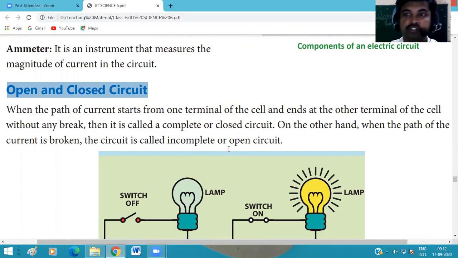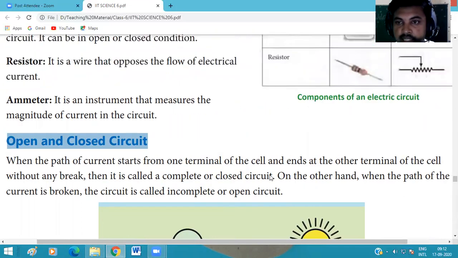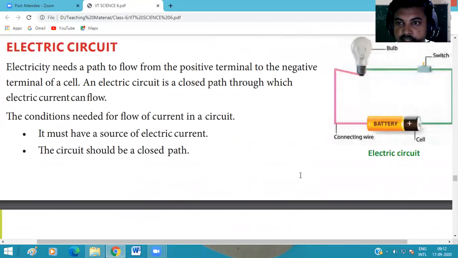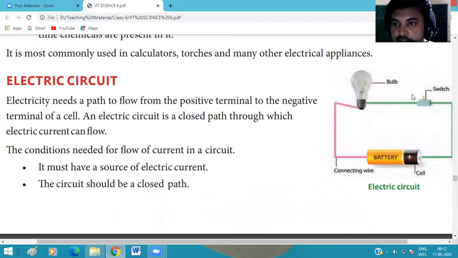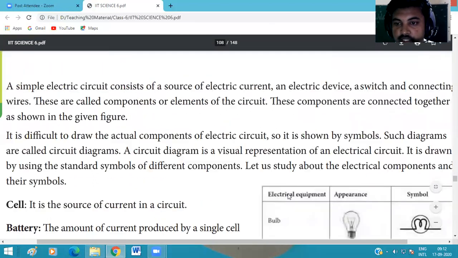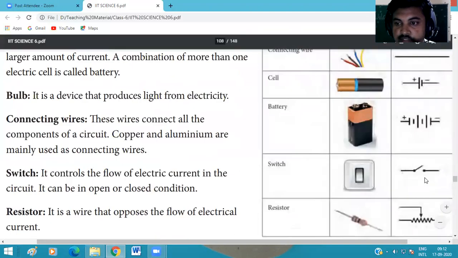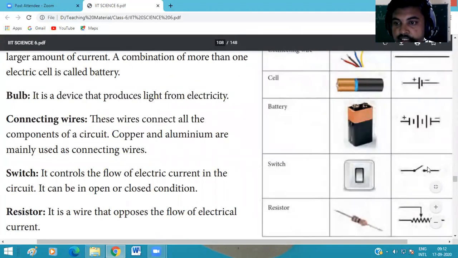If the switch looks like this in this picture, it means the circuit is open, means not connected. An open circuit is open at the switch, which means it is in the off condition.